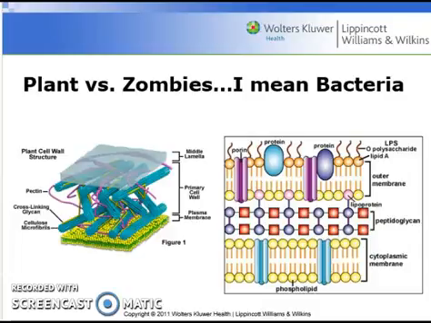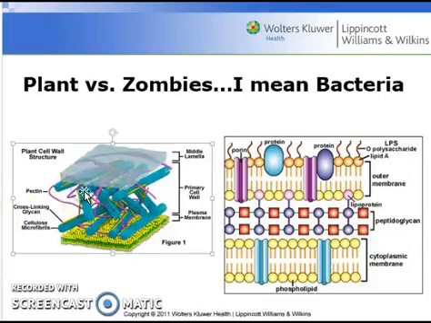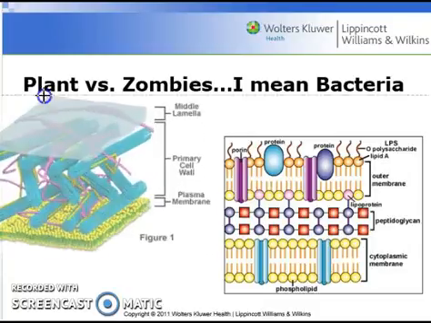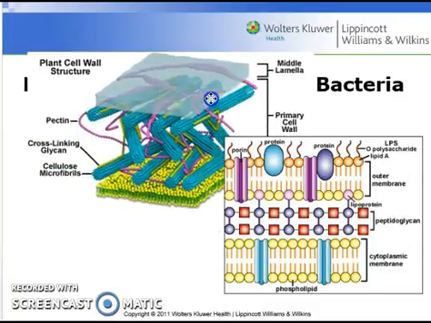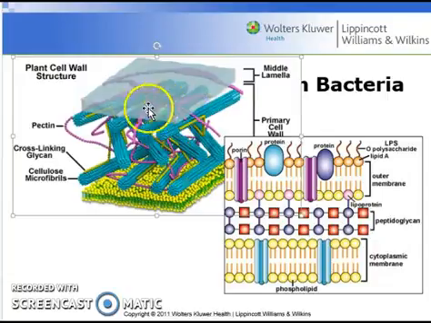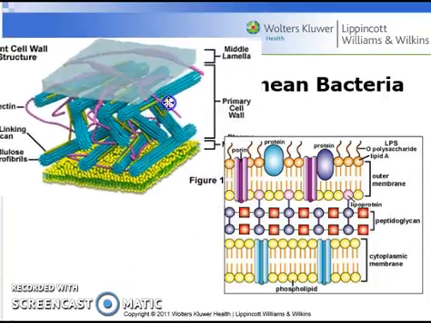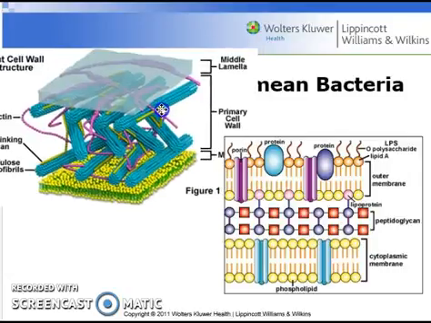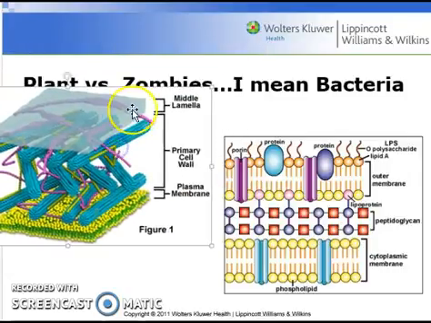So let's look at the plant cell first. And the only thing I really want you to take away from this particular diagram is the fact that you have this plant cell wall that consists of these different sections. We have the middle lamella.